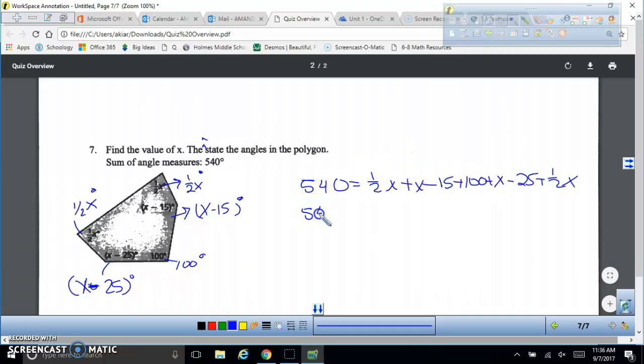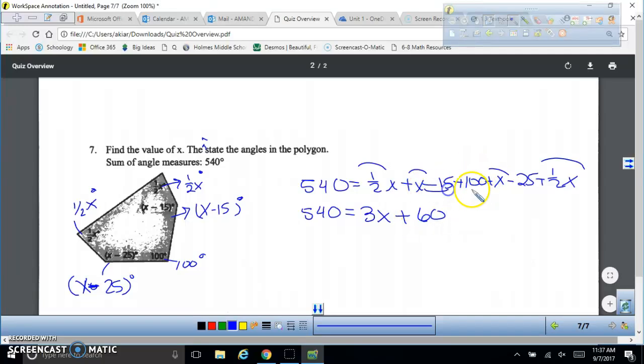Now I'm going to combine our like terms. 1/2 of an x plus another 1/2 of an x is 1x, 2x, 3x, so 3x plus minus 15 minus 25, and then plus 100 leaves us with 60.